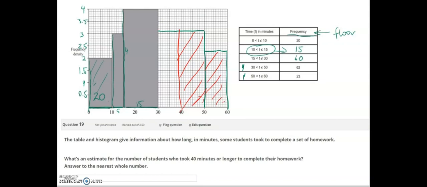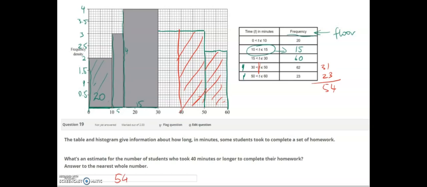However, I could do this based on the information I have in the table, because I know that 40 is halfway through 30 and 50. That means I'm going to have to divide 62 by 2 to get 31. Add the 23 as well. So that gives me an estimate of 54.